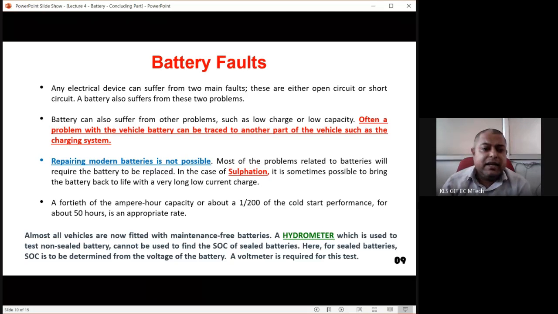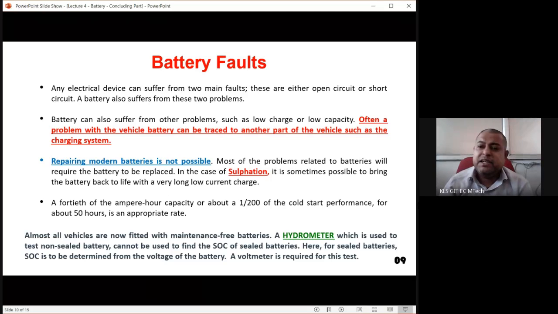So repairing modern batteries is not possible. Most of the problems related to batteries will require the battery to be replaced. That is nowadays battery. In case of sulfation, so this is another definition you have to prepare. What is sulfation? It is sometimes possible to bring the battery back to life with a very long low current charge.